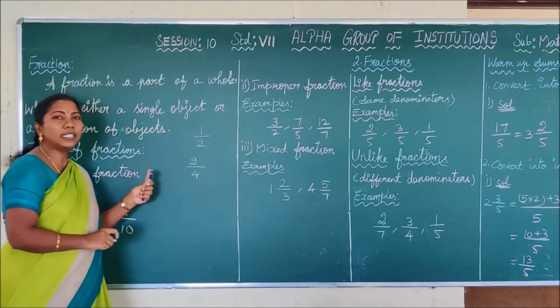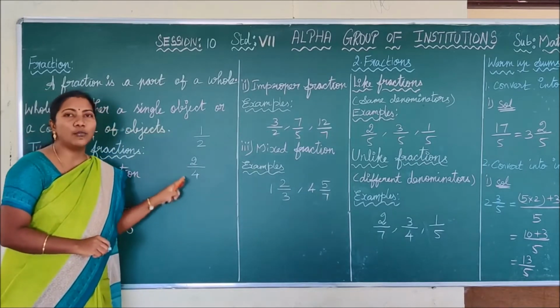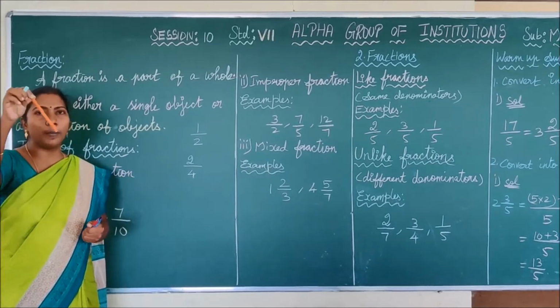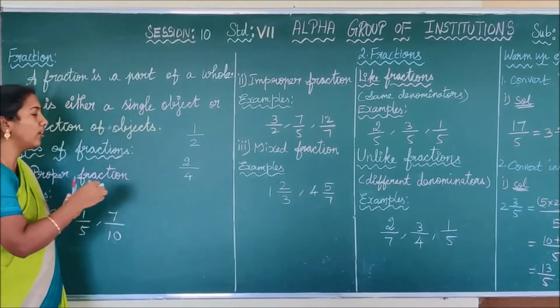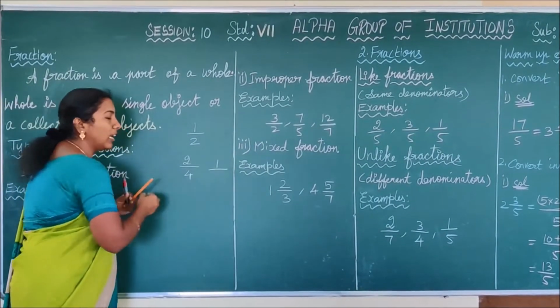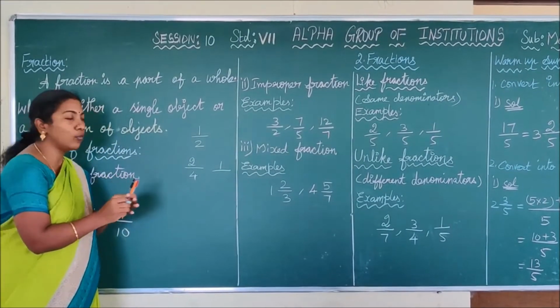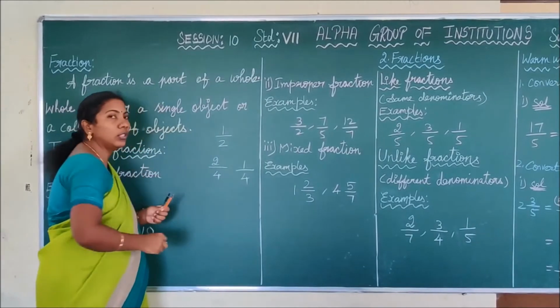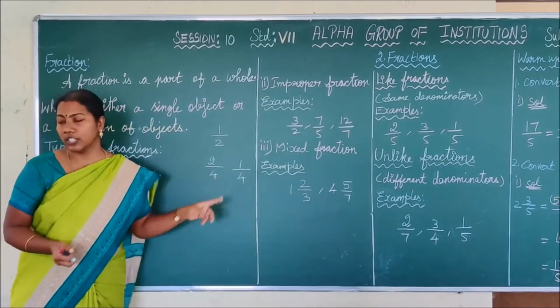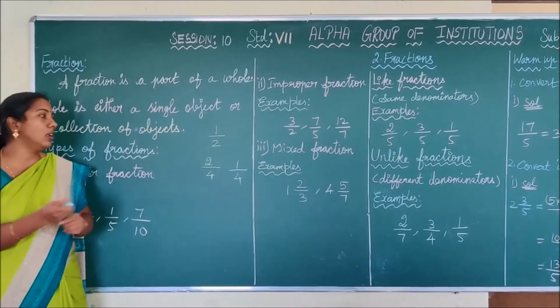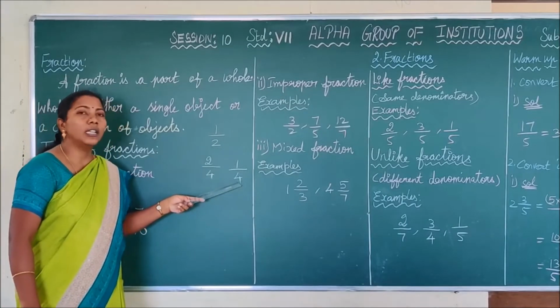So to denote the selected pens, we also use the fraction. Now I am selecting only 1 pen among the 4 pens. So how can you write it? 1 by, I have selected only 1 pen. So 1 by, what is the total number of pens? 4. Thus 1 by 4. This type of number is called fraction, and the number in this part is called numerator, and this is denominator.